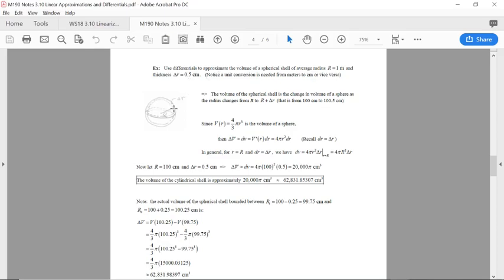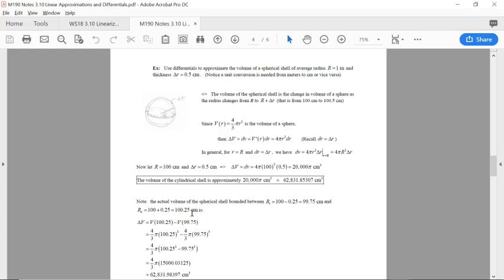So let's say the outer radius is 100 plus 0.25 centimeters. That's the outer radius, so 100.25 centimeters, r sub o, I've called it here. And the inner radius is 100 minus 0.25. Then the average of those two radii would be 100 centimeters, and the thickness is 0.5 centimeters.